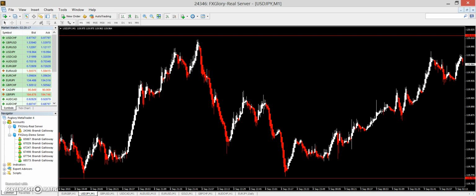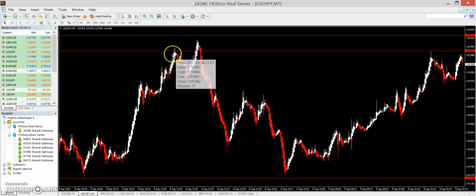So on M1, what we do after we have those two main areas that we found on H1, we're going to go back in, and we'll do this one just so you can see what just happened. We drew that one. See, it was a structure high there. And what it did, it came up, it bounced off of it, and it turned around.